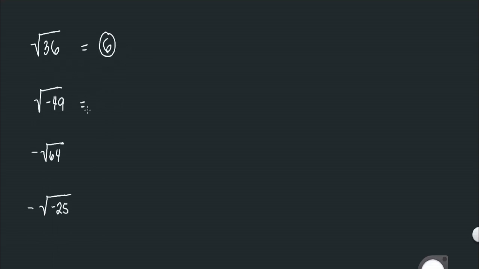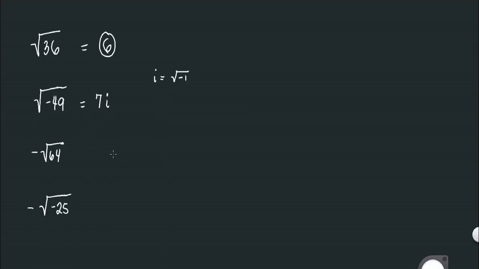How about the square root of negative 49? As you can see, the number inside the root is negative, so the answer must be 7i. The square root of 49 is 7, so the square root of negative 49 is 7i, where i is equal to the square root of negative 1.